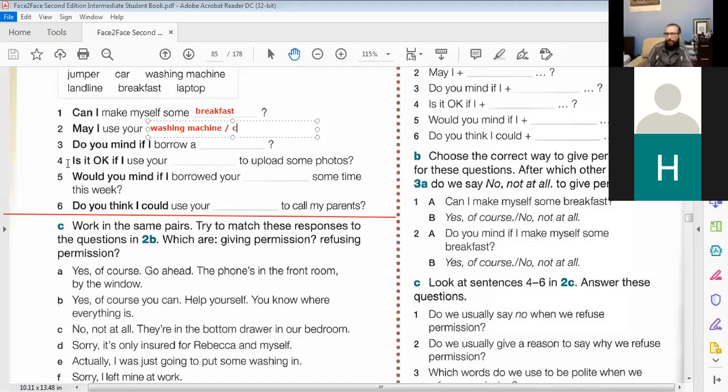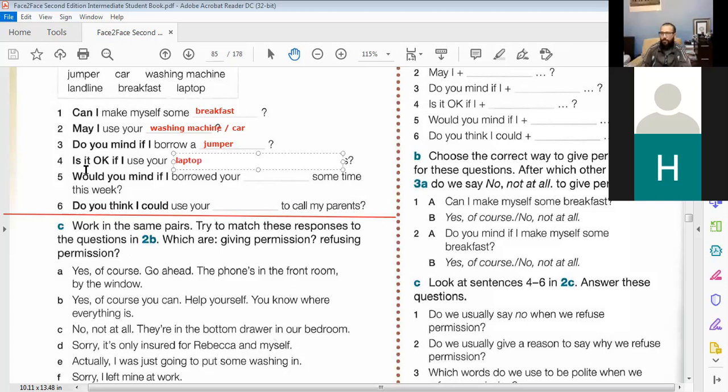Okay, number three: do you mind if I borrow a jumper? A jumper, okay. And is it okay if I use your something to upload some photos? I think this one is a bit easy. Laptop.